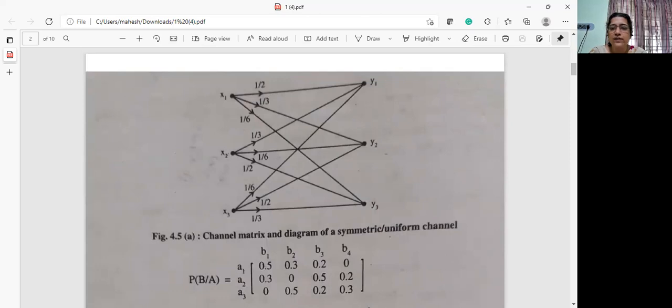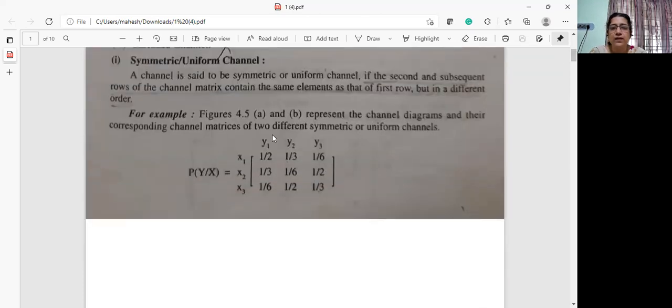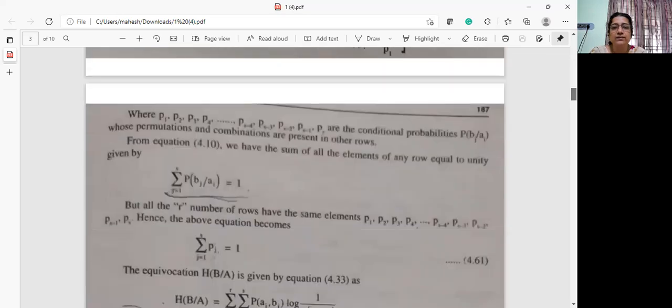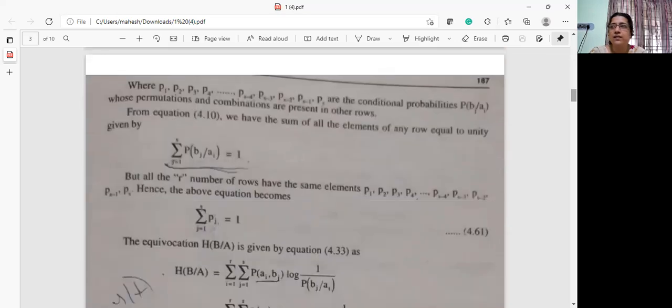So in the conditional probability matrix, probability of y1 by x1 plus probability of y2 by x1 plus probability of y3 by x1 should be equal to 1. Since only the variable j is varying over here, you can say summation of j equal to 1 to s, Pj is equal to 1.